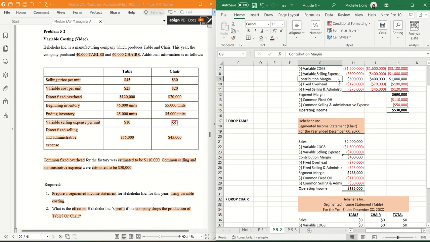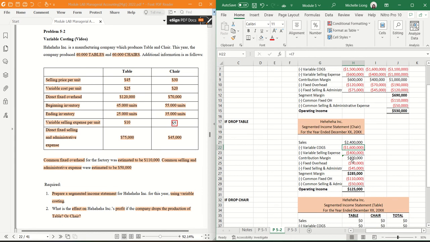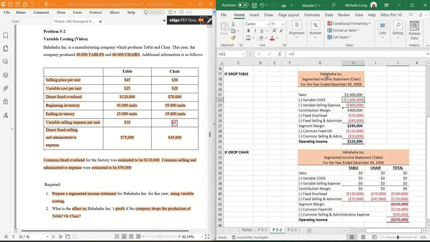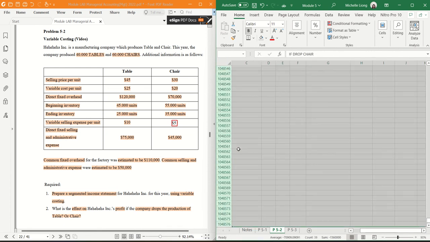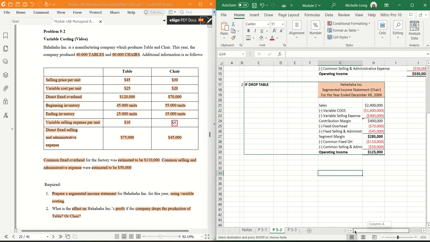So just taking the same one from here, but you just need to add both of this. This is if for chair. If drop for table. Okay, what if we drop the table? Guess I can move this one to here.